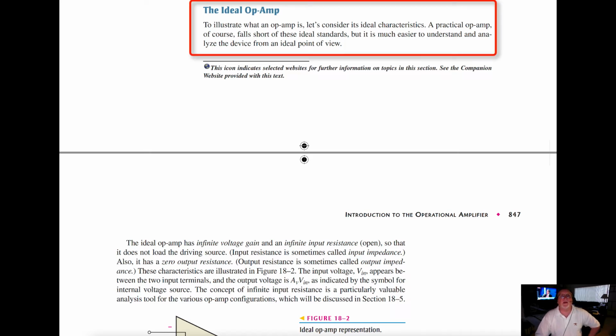To illustrate what an op amp is, let's consider its ideal characteristics. A practical op amp, of course, falls short of these ideal standards, but it is much easier to understand and analyze the device from an ideal point of view.